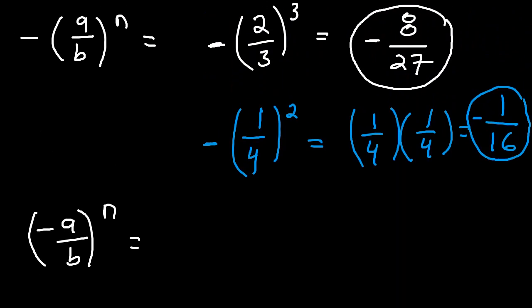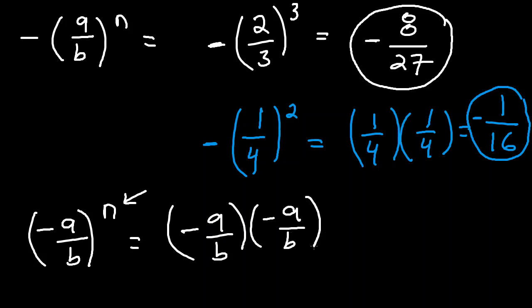Okay, so negative a over b to the power of n is just, well, whatever n is, we just write negative a over b that many times, right? So if n was 2, for example, it would be negative a over b multiplied by negative a over b, right? But we have to remember that the negative is inside the bracket, okay? And we have to keep the negative when we do the multiplication, okay?